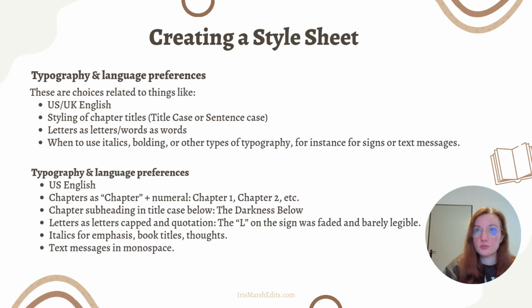Then next up we have a section I call typography and language preferences, which are choices related to things like whether you use US or UK English spellings, and stylings of chapter titles, if you have them, like title case, which has capital T, capital C, or sentence case, so only the first letter is capitalized, how you style letters as letters or words as words, and when you use other stylistic elements like italics or bolding or other types of typography, like with signs or text messages.